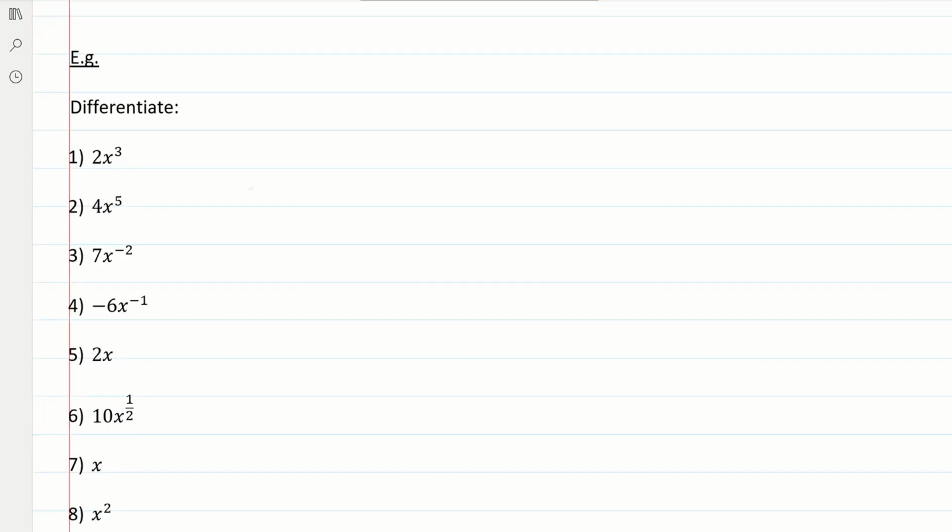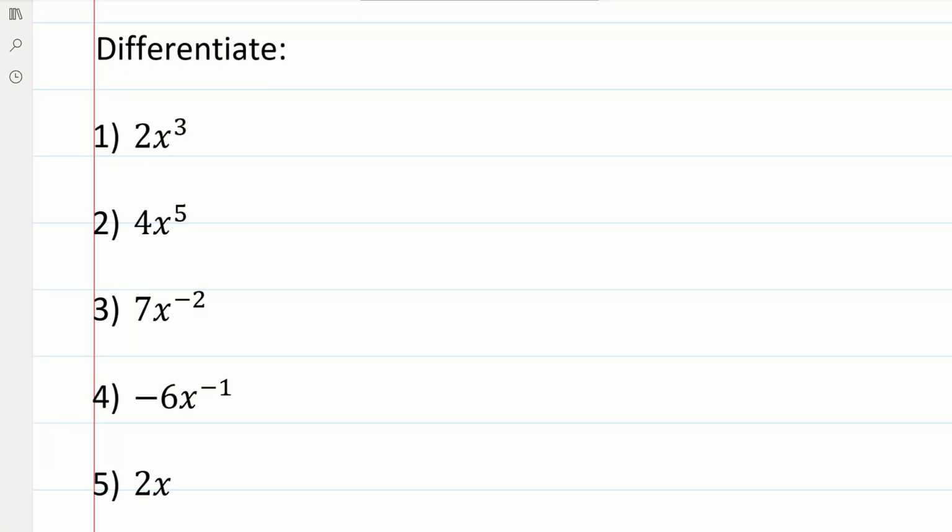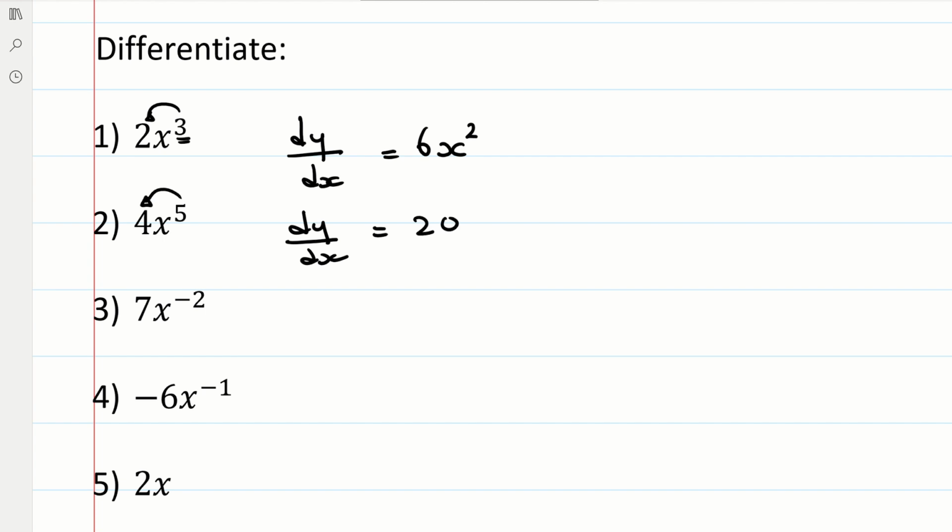So the first section says differentiate. So dy over dx, 2 times 3 is 6x, and then 3 minus 1 is 2. Dy over dx, 5 times 4 is 20. 5 minus 1 becomes x to the power of 4.